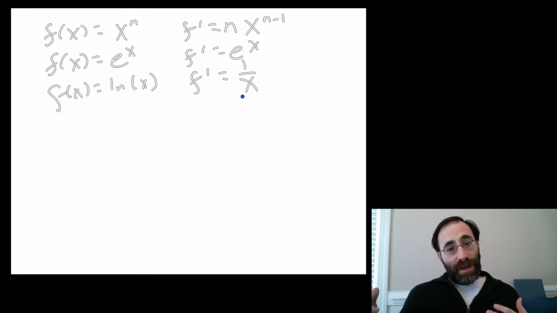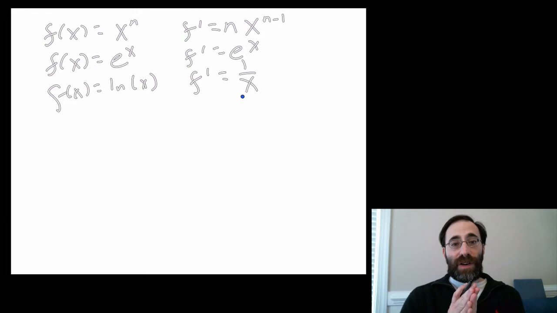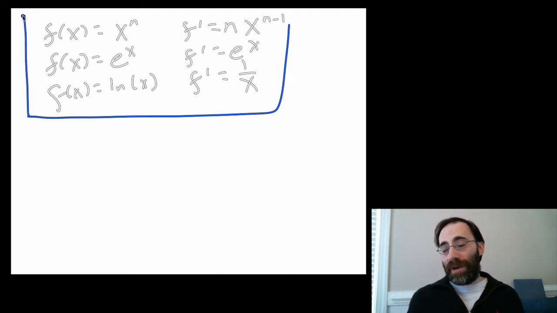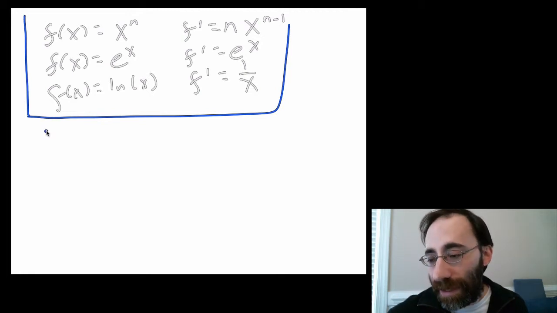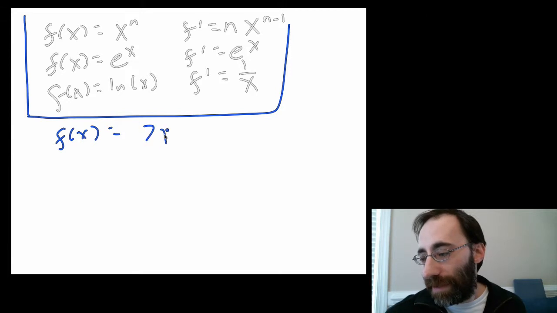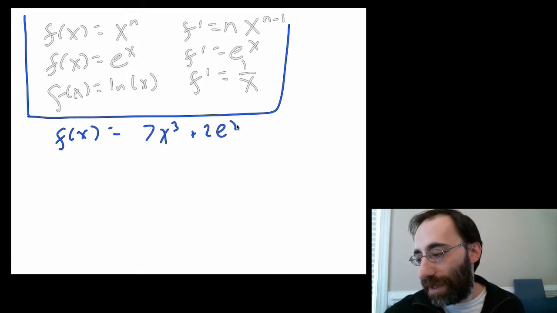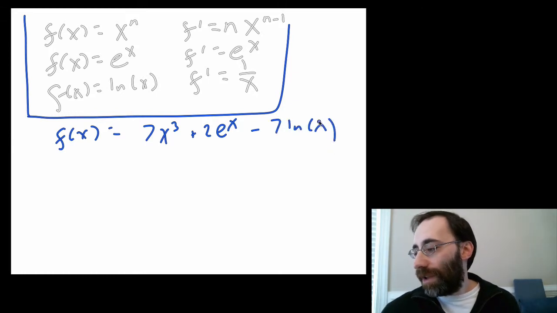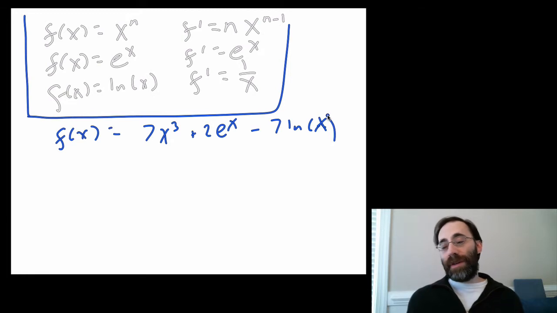Well, first thing is, if your actual function is just a sum of these components, or a difference of these components, or a sum and a difference of these components with each component multiplied by a constant, then the fact that the derivative is linear gives you all you need to know. So for instance, if your function looks like, let's see, 7x to the third plus 2 e to the x minus 7 natural log of x, all you need to know is that the derivative is linear.